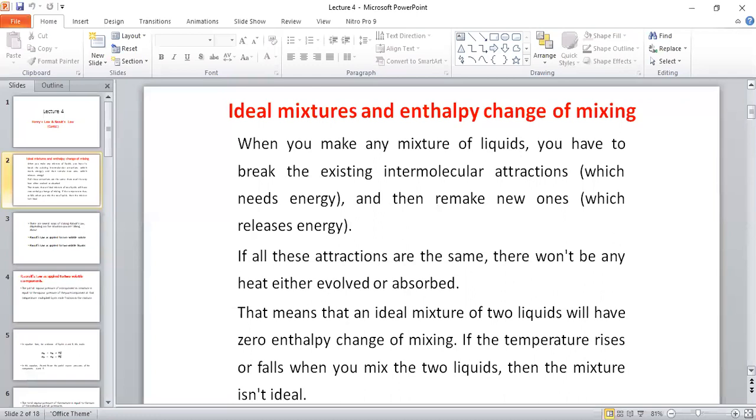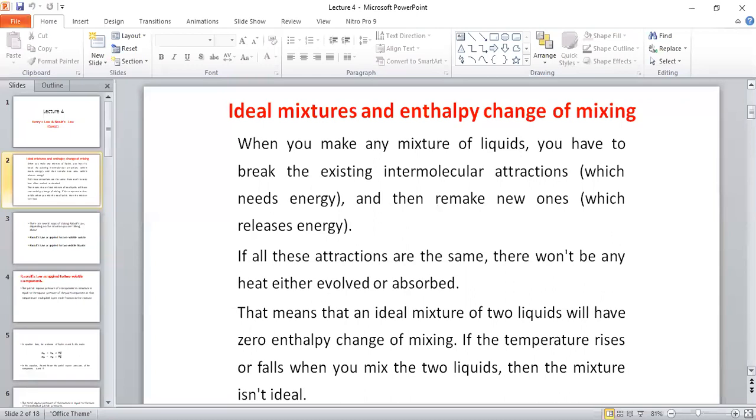We're talking of ideal mixtures. So for you to make any mixture of liquids, you have to break the existing intermolecular attractions, and this needs energy. Then to remake new ones, energy is released.